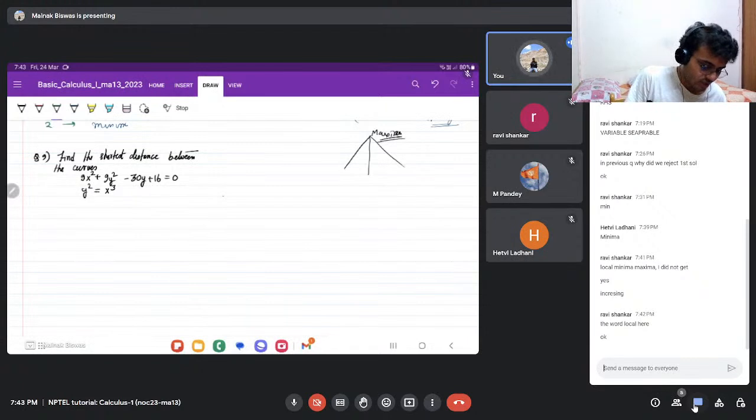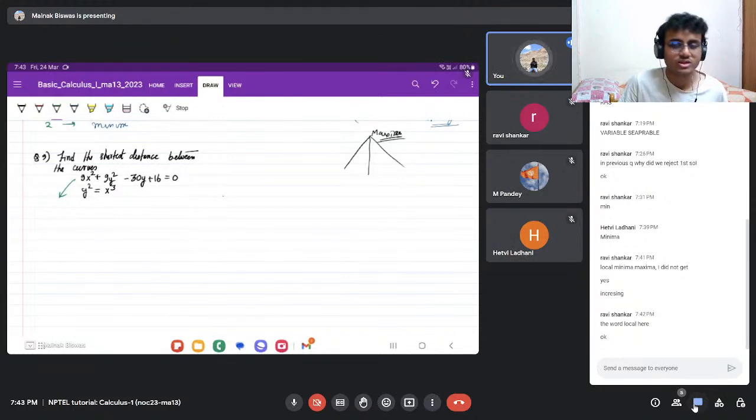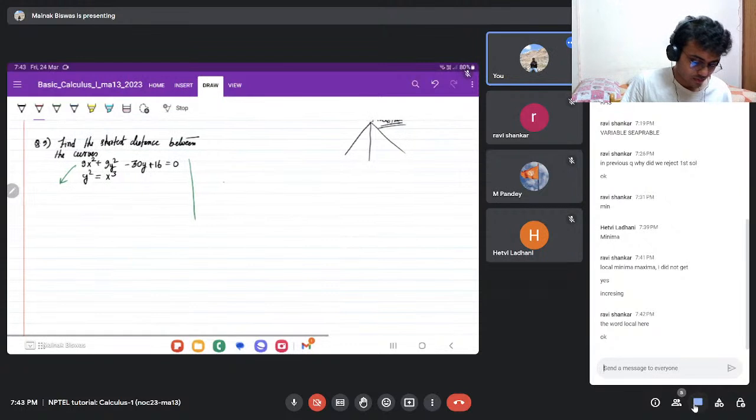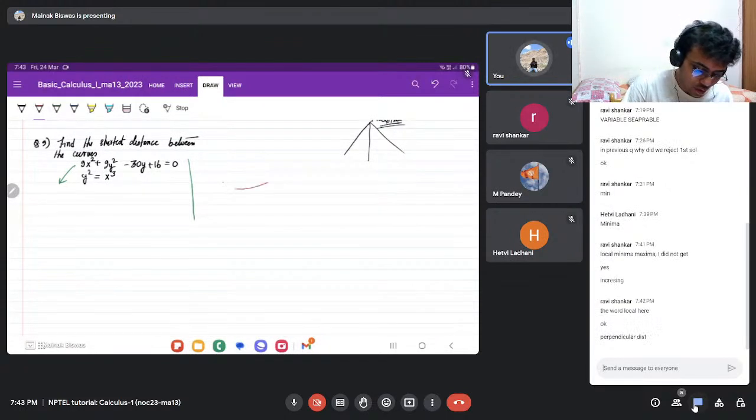So next question, this one. What is the shortest distance between this curve? So any idea what do you do to find shortest distance between curves? What would you do? So let's see, if you have two curves like this, your shortest distance would clearly be when the tangents are parallel.